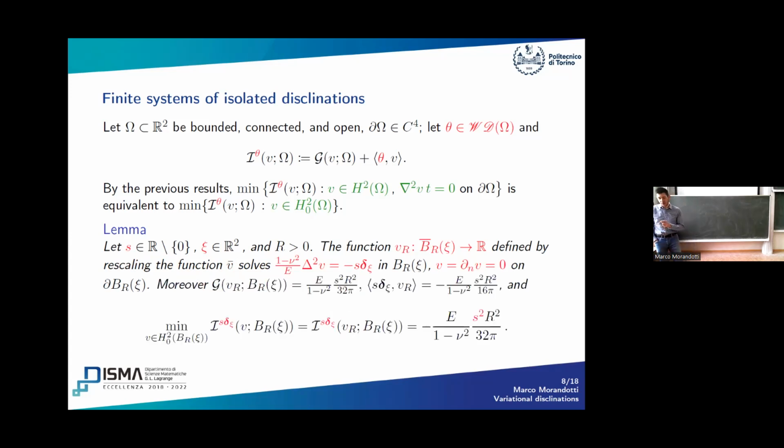What's interesting though is that when you compute the energy, you obtain these results. So the elastic energy scales like r squared if r is the size of the disk. Whereas the duality with the delta gives the same contribution but half.